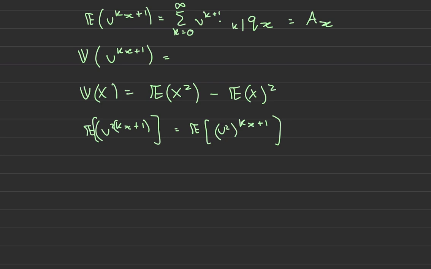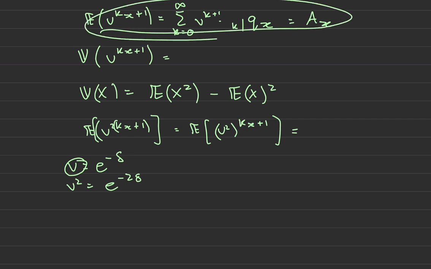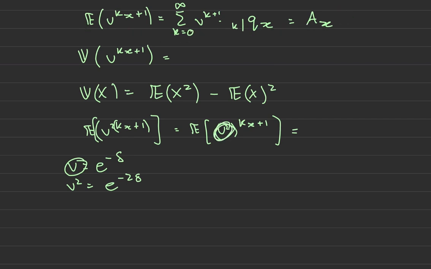If v is equal to e to the negative delta, where delta is the force of interest, then v squared is equal to e to the negative 2 delta. So v squared is calculated at double the force of interest that v is calculated at. And then this is just the same thing as this line, except with a different force of interest.